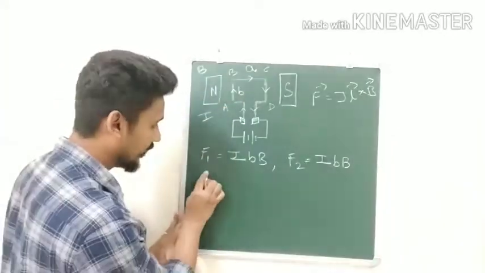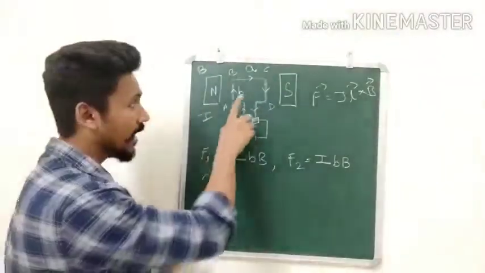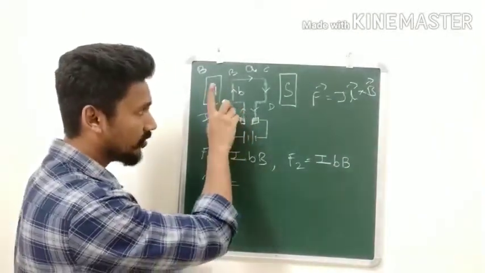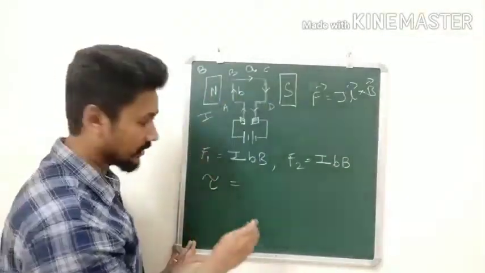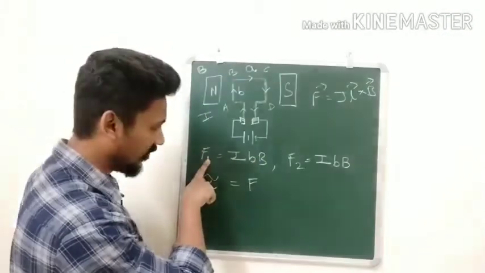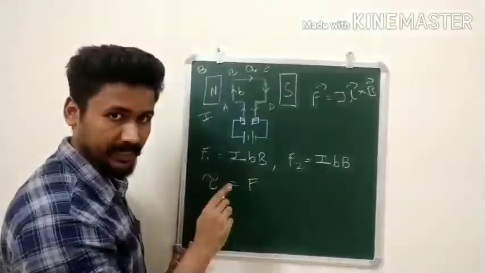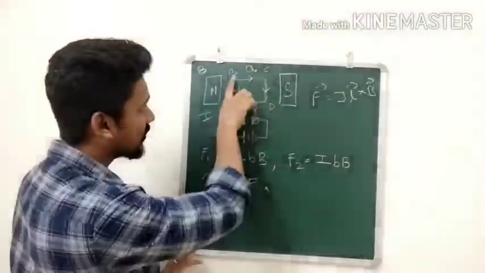So now let us find the torque that is going to act on the loop. Torque will be given by the magnitude of force multiplied by the distance. The force we have determined as F, so either F1 or F2, it will be I small b into capital B, multiplied by the distance. How much is the distance?